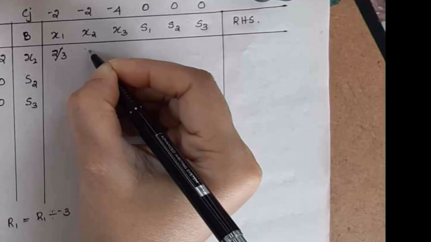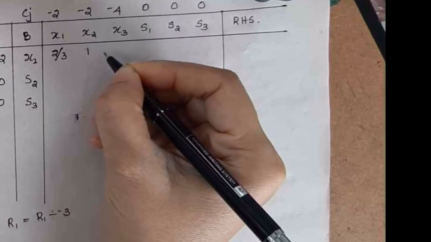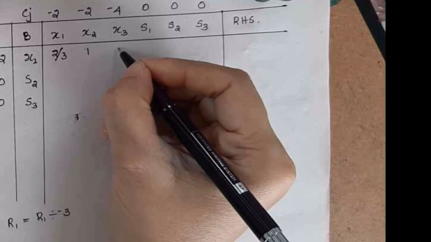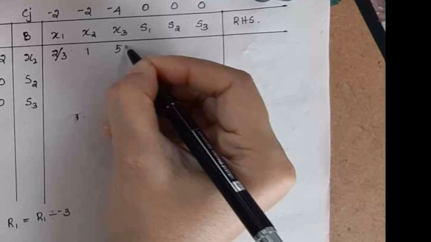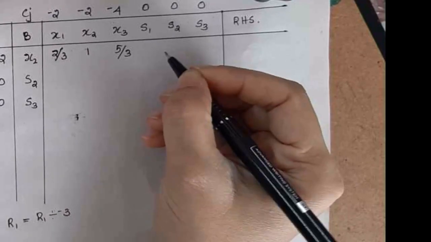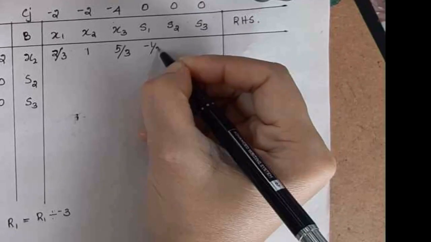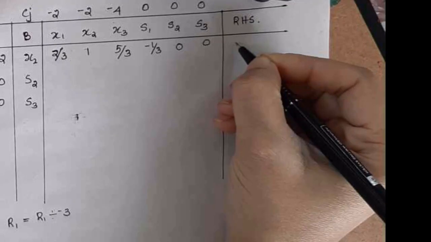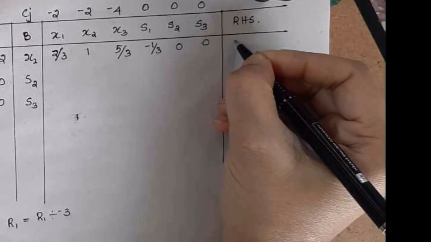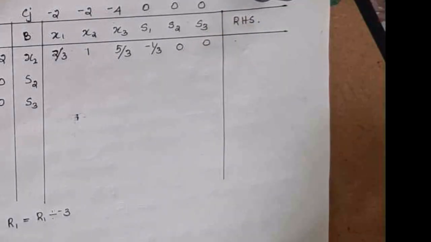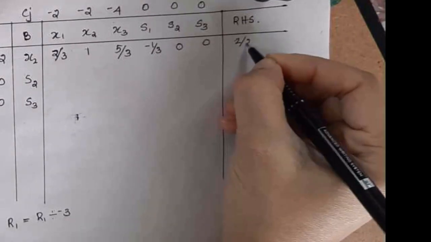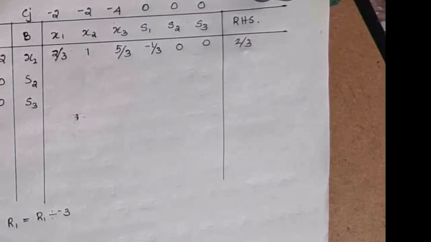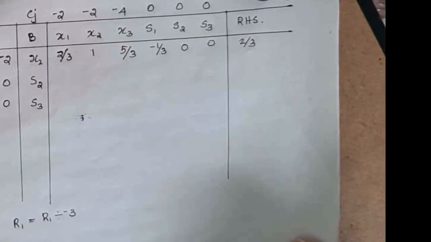Then you have -3 by -3, that is 1. -5 by -3, that is 5 by 3. Then you have 1 by -3, that is -1 by 3. 0 by -3 and 0 by -3. This is -2 by -3. You will have 2 by 3. I hope you can see. There's a slight darkness, but I hope you can see.